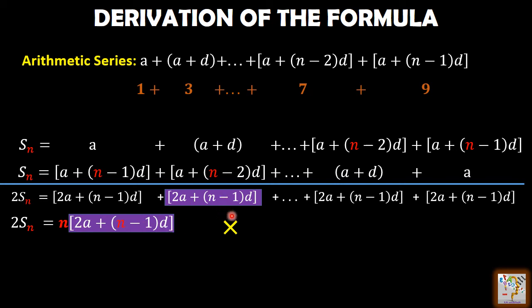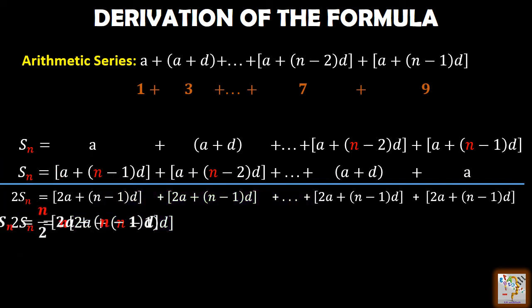So we have 2Sn is equal to n into that, but we are not interested in 2Sn, we are interested in Sn, which is the sum of n terms of an arithmetic series.